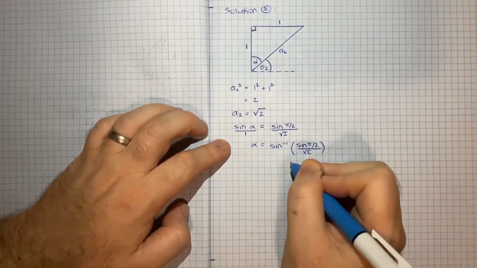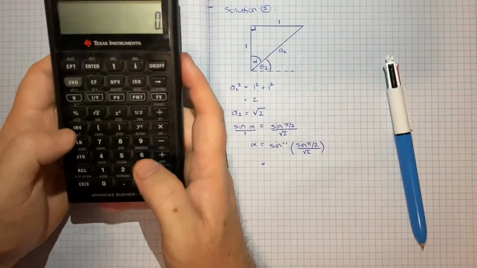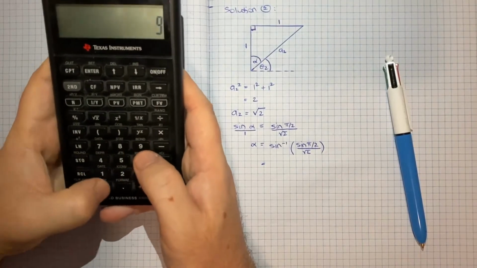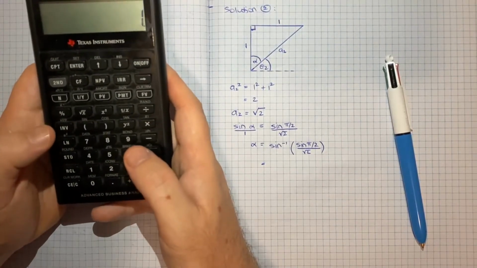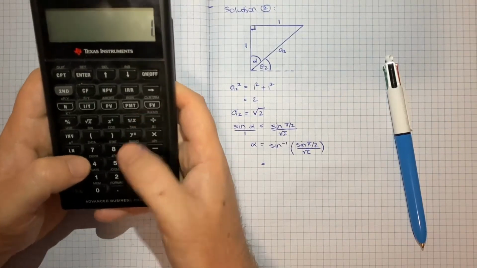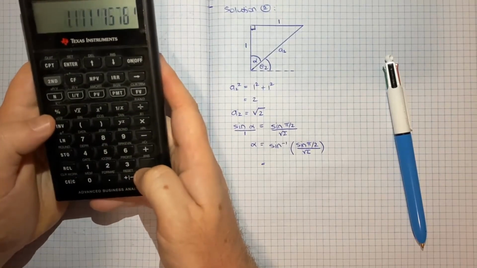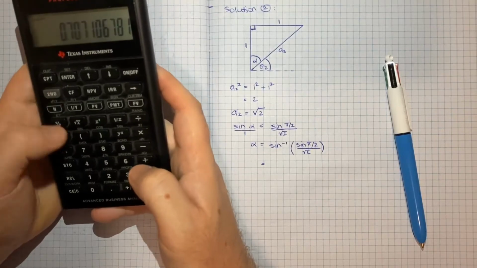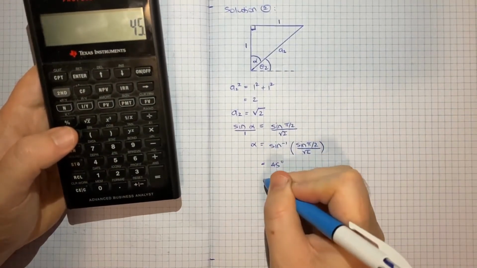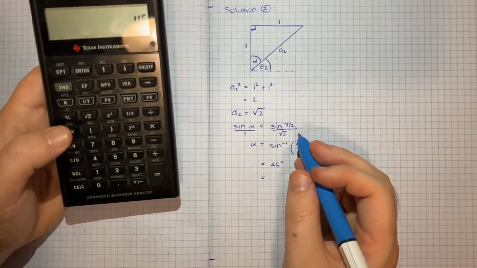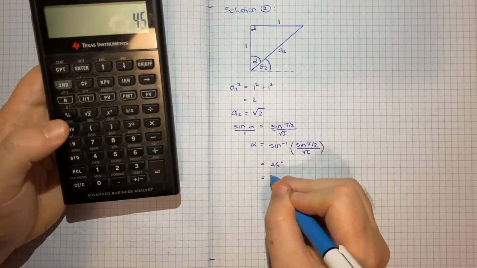And I'm just going to use my calculator here just to save a bit of brain power. So 90 degrees, sine is 1, should have known that. So 1 divided by the square root of 2. Inverse sine will get us 45 degrees. And in radians, that will be pi on 4.